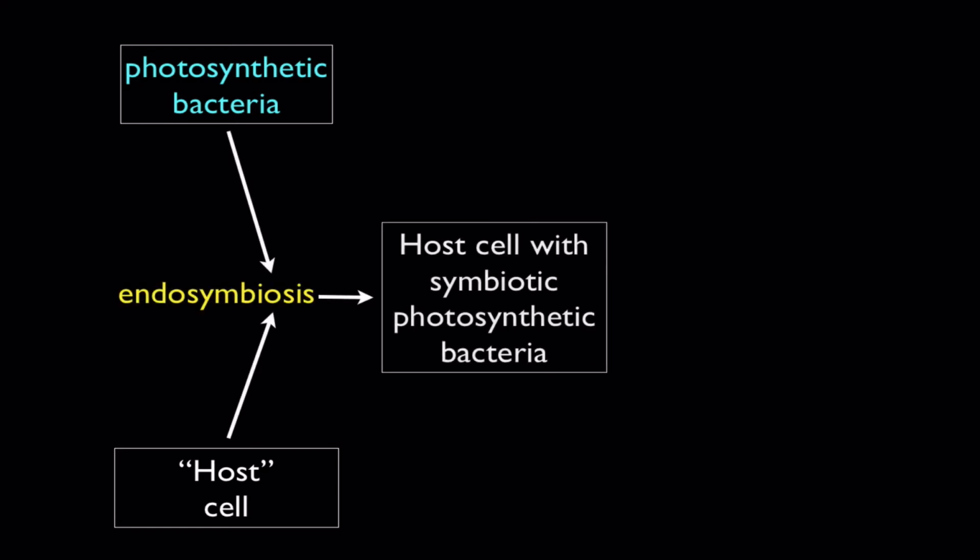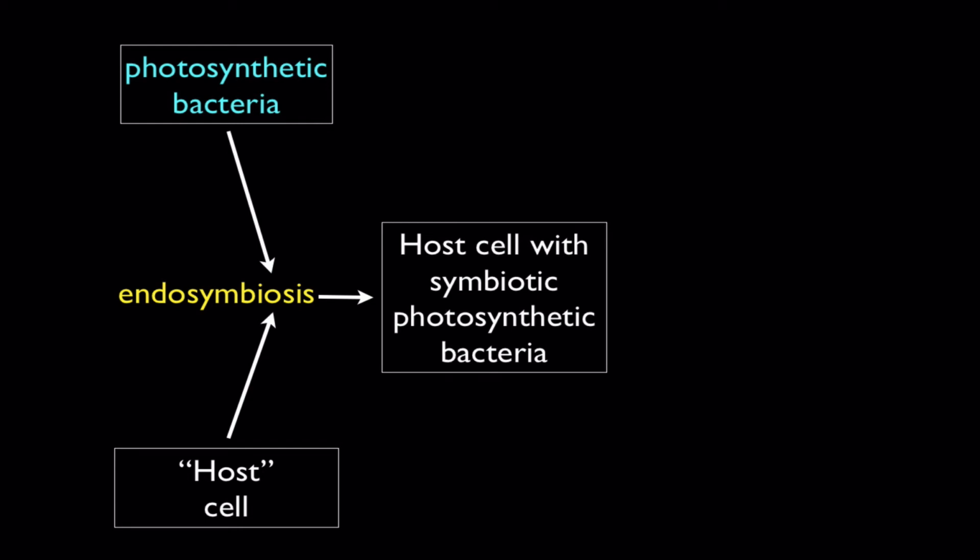Where do we get eukaryote cells from? Well, if you remember the endosymbiosis theory we talked about earlier, you can have a photosynthetic bacterium and a host cell that can combine by endosymbiosis to produce a symbiotic relationship.